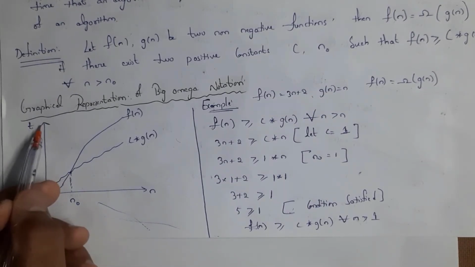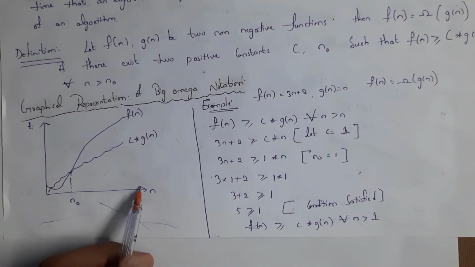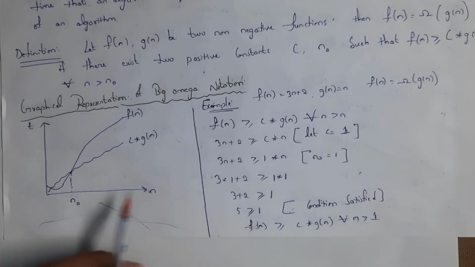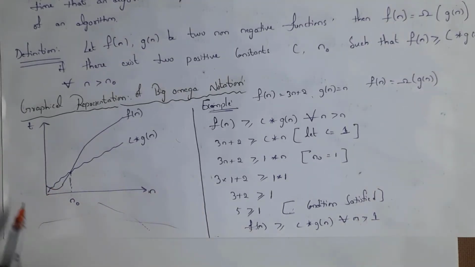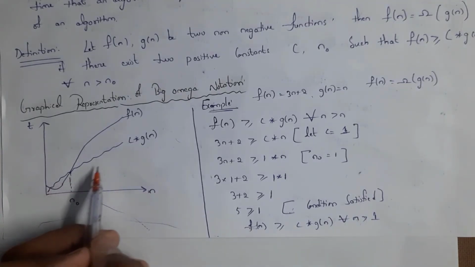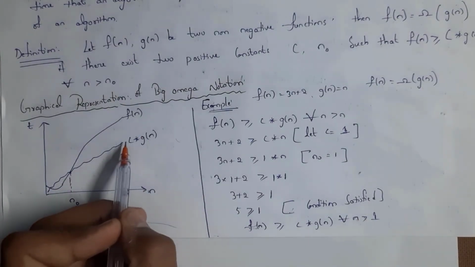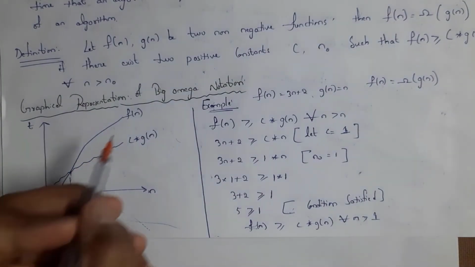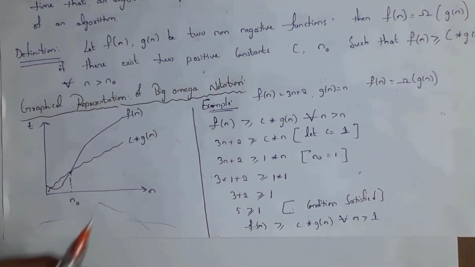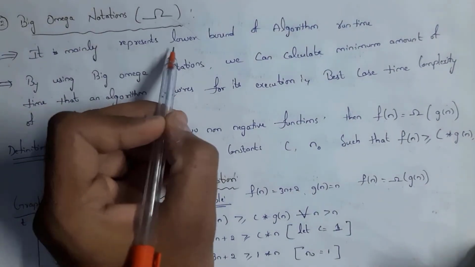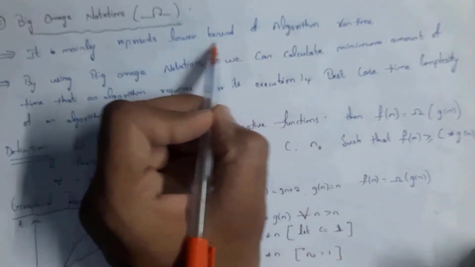Here I took a graph in which the x-axis represents number of elements and the y-axis represents time, and there are two lines passing from the center. The first line is f of n, and the second line is c into g of n. Here c into g of n represents the lower direction because big omega notation is mainly used to represent the lower bound of an algorithm.